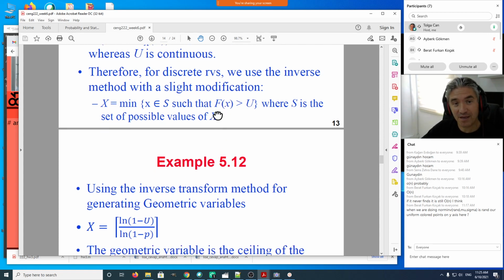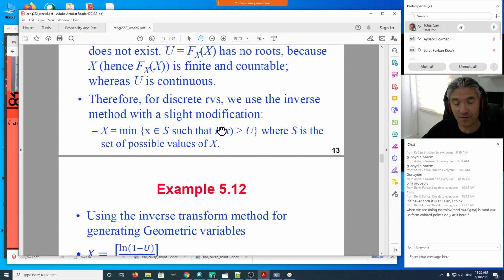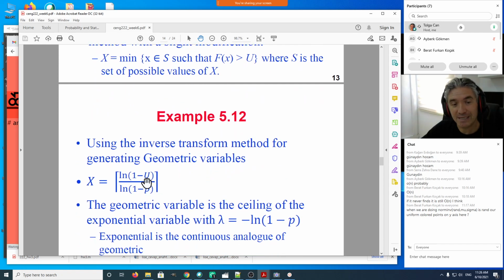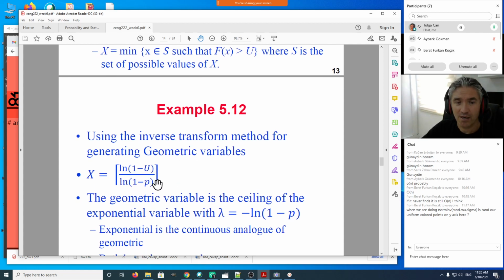But if we have F inverse directly available, and this is the case for the geometric variable, you can generate a geometric variable all at one time by just plugging your uniform random variable into this equation. This is the ceiling of ln(1 minus u), again you may replace 1 minus u with u here, divided by ln(1 minus p).